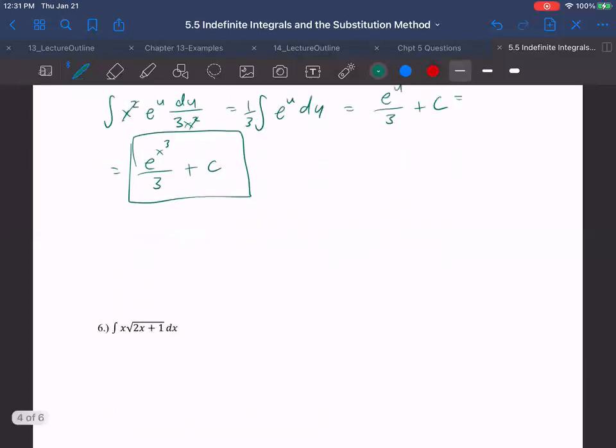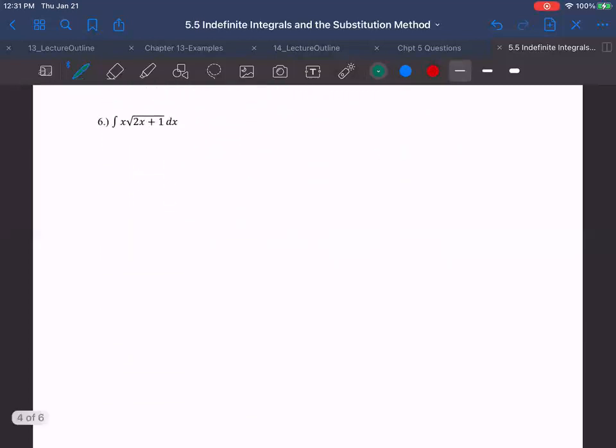The x's not quite canceling out for you? What substitution are y'all trying? Under the square root? So you're doing u equals 2x plus 1. Everybody? Good, that's the one I would do too. And then you get what?